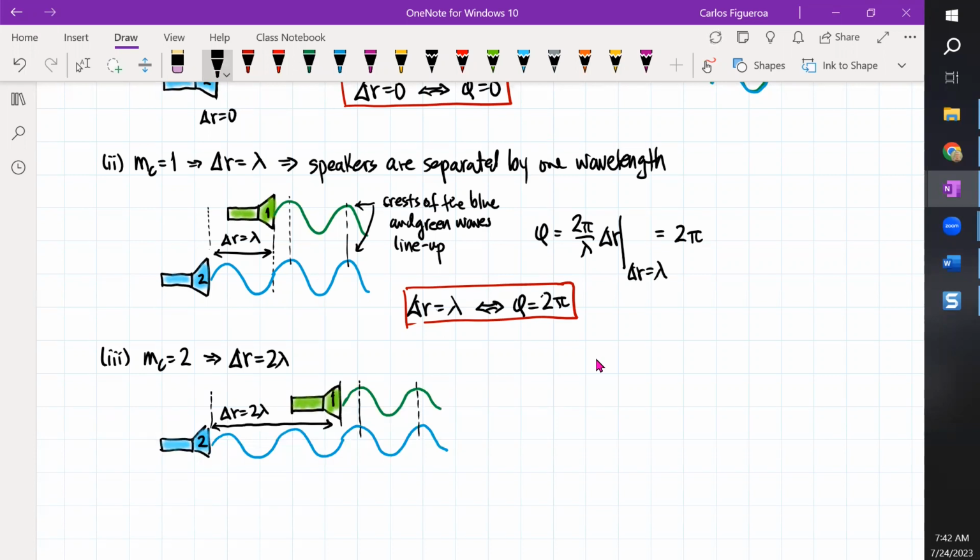So again, from our phase equation, this has to be 2 pi over lambda times delta R, but now delta R is equal to 2 lambda, which gives me a phase of 4 pi. In other words, delta R equals 2 lambda is the same statement as the phase equals 4 pi.